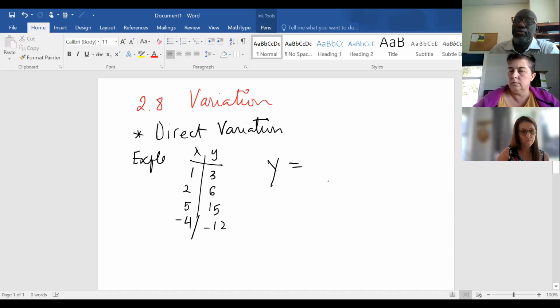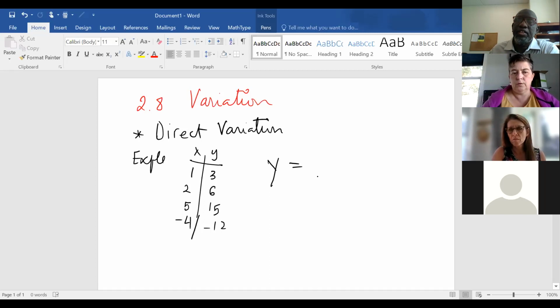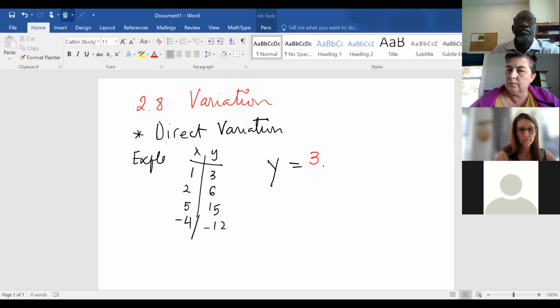Each x value is multiplied by how much? Each x value is multiplied by 3, right? So I can see here the variable y is 3 times the variable x.